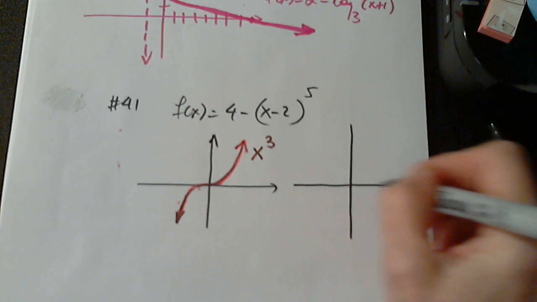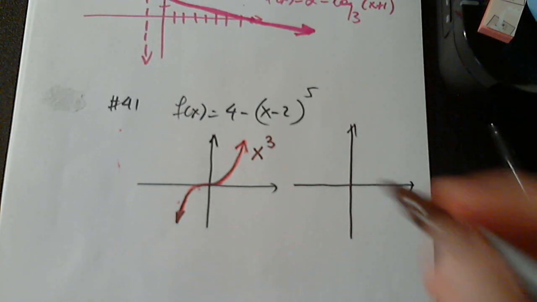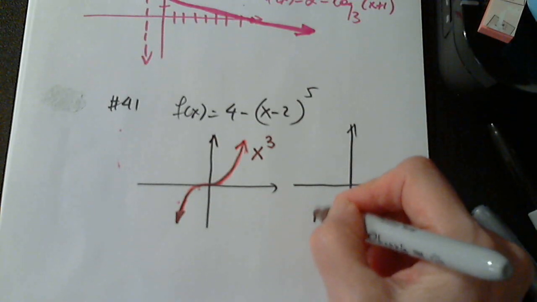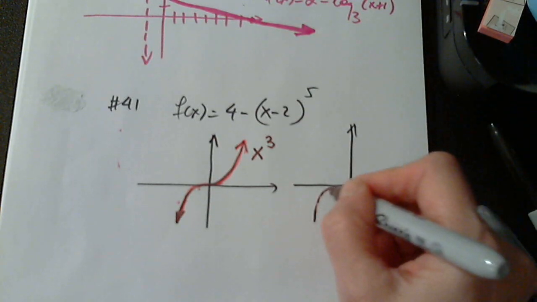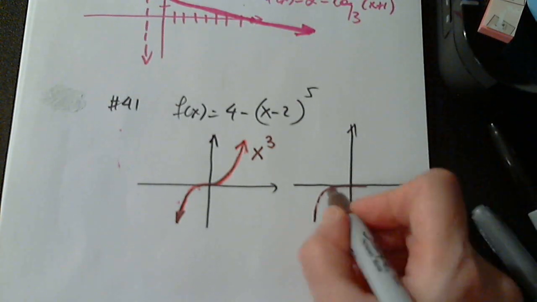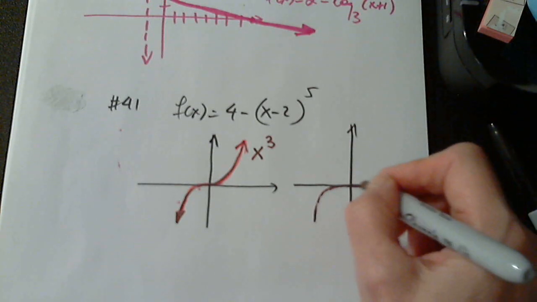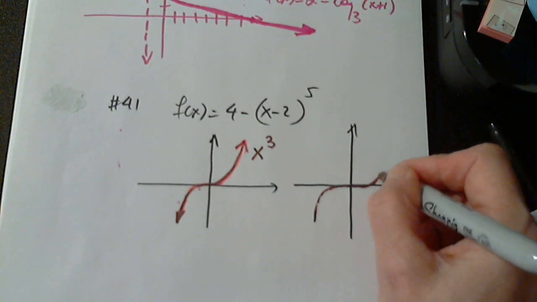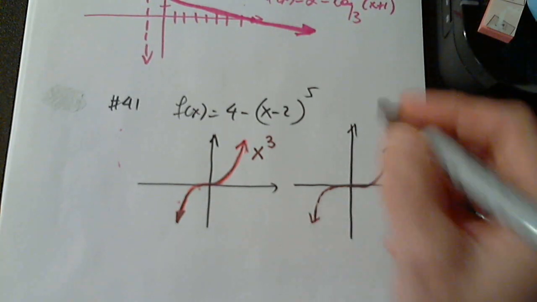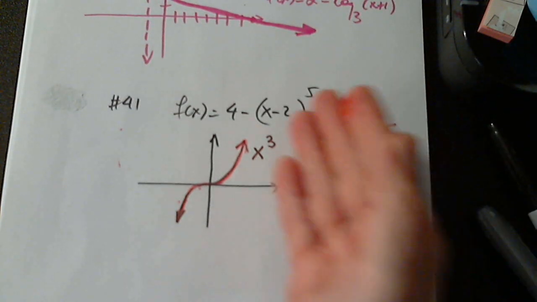It takes longer to go through the origin. I'm going to exaggerate. Don't assume that these are 10 million solutions here. No, no, no. It just goes slower till it finally crosses. So this is x to the 5th. This is the base function now.